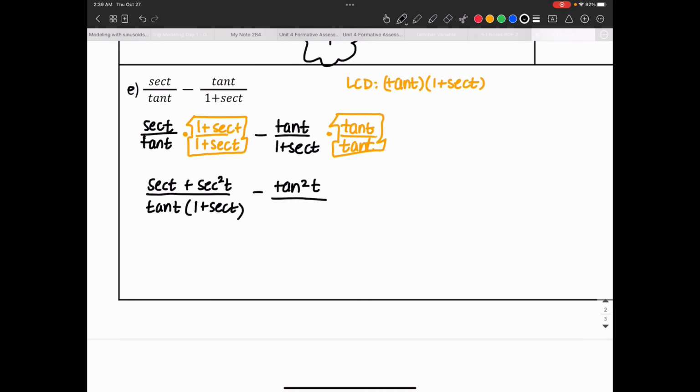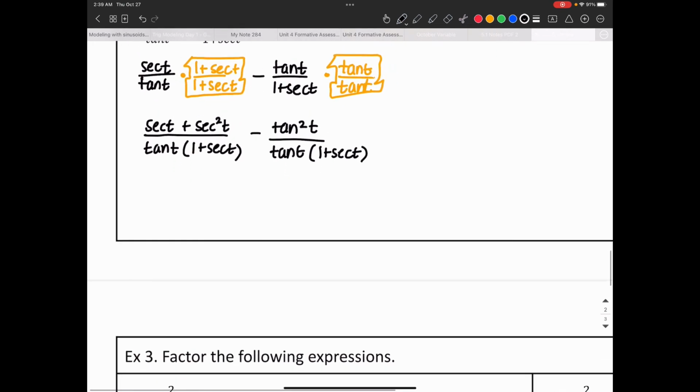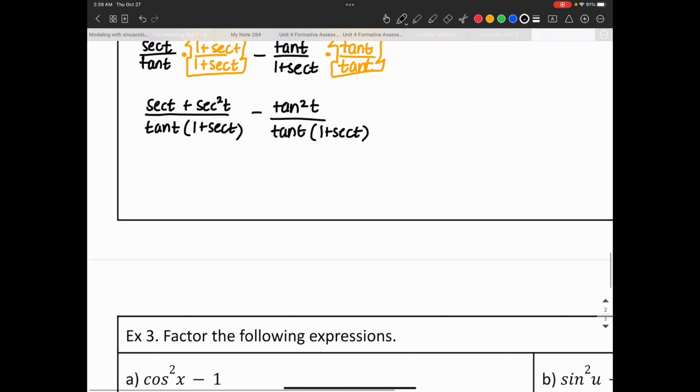And in the denominator, same thing, tangent of t times 1 plus secant of t. I'm going to leave it factored. From here, I'm going to combine my numerators. So I have secant of t plus secant squared of t minus tangent squared of t, all over tangent of t times 1 plus secant of t.